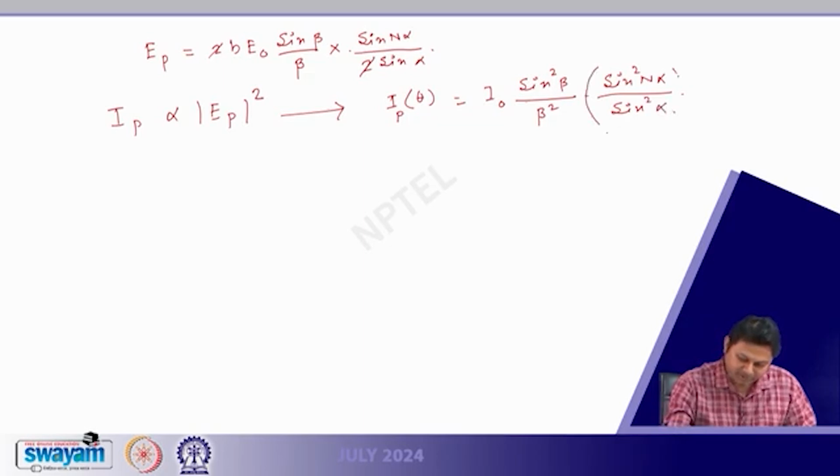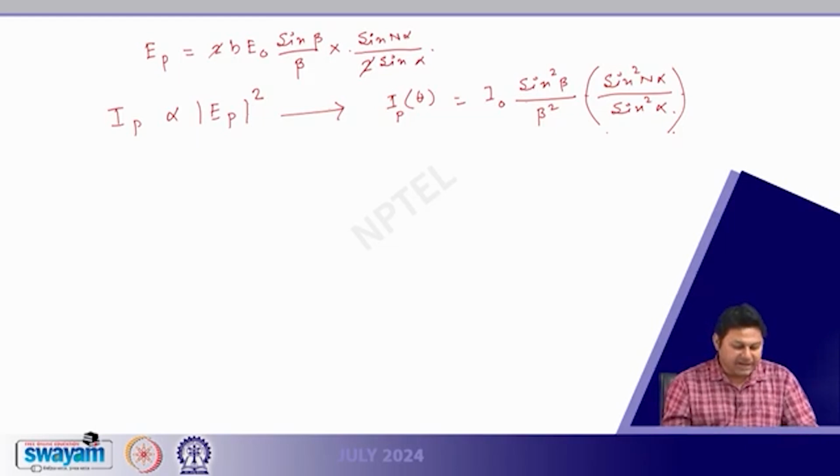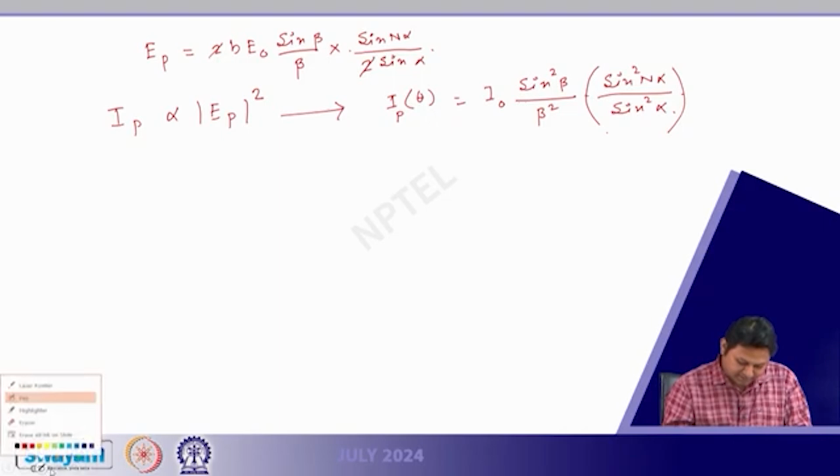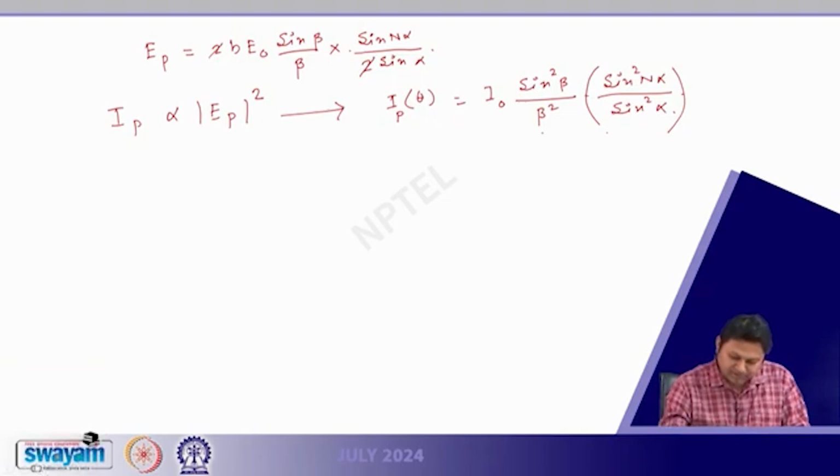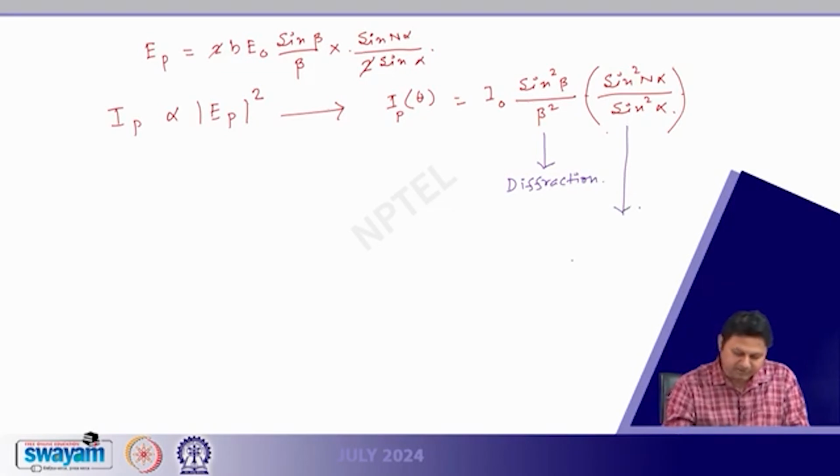This is the expression I have, and that expression contains two terms, and here I will mention that this term is the contribution of the diffraction and this term is a contribution of the interference of n number of slits.